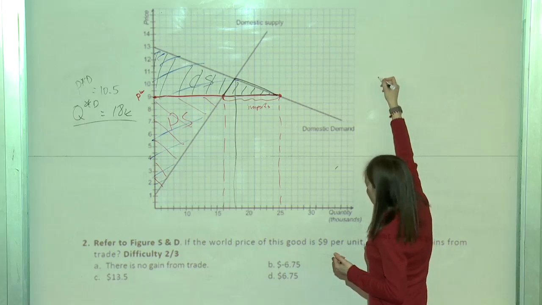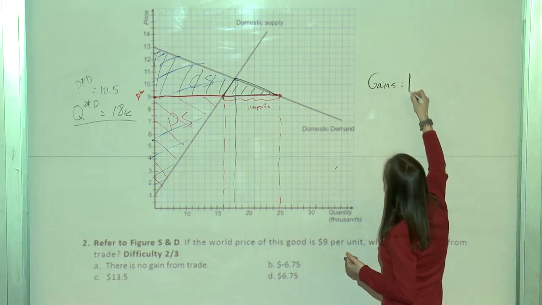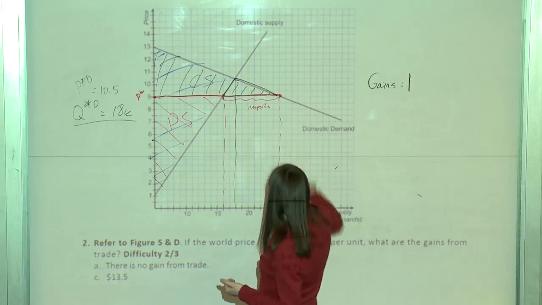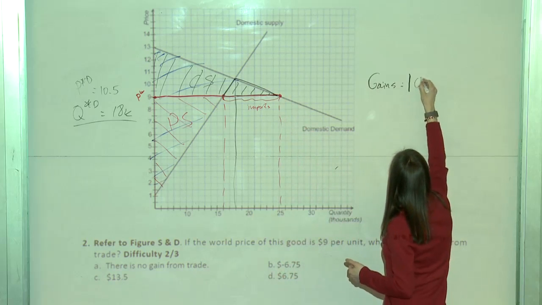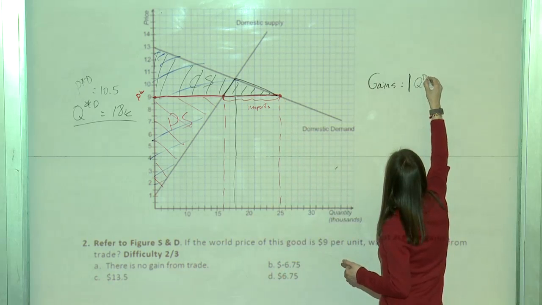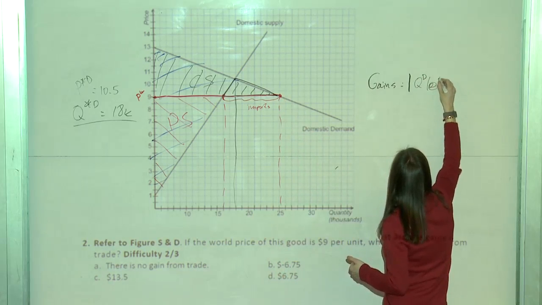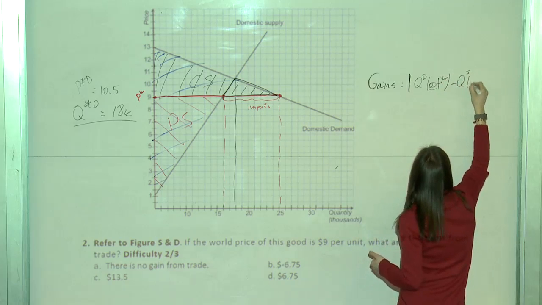So the gains from trade are going to be, I'm going to put this as the absolute value, the difference between quantity demanded at the world price and quantity supplied at the world price.